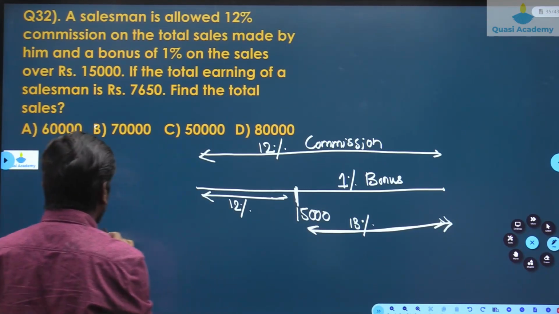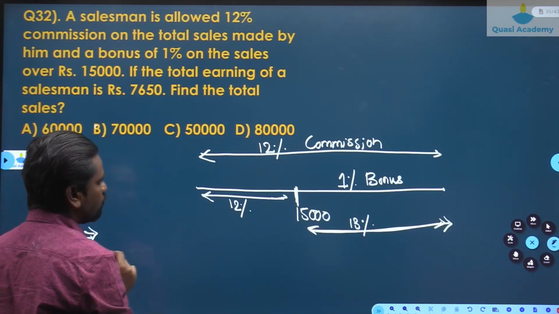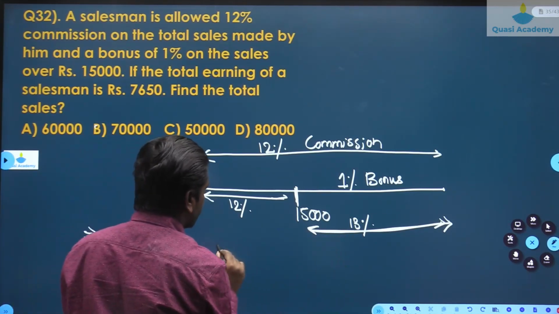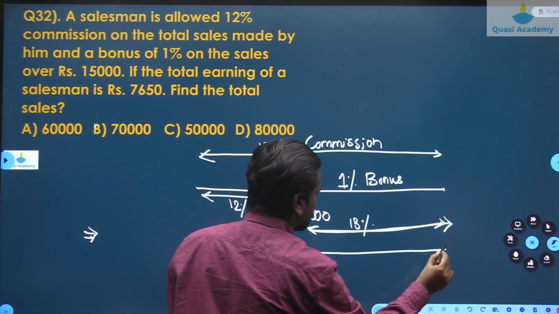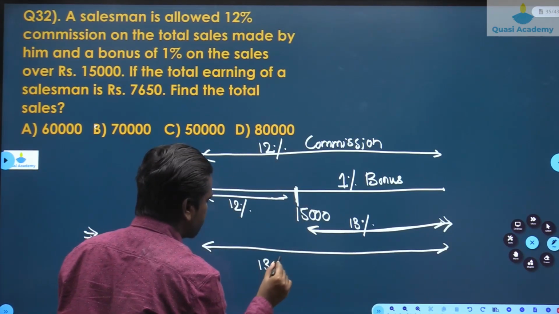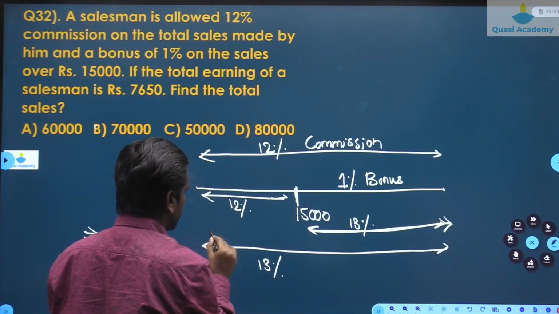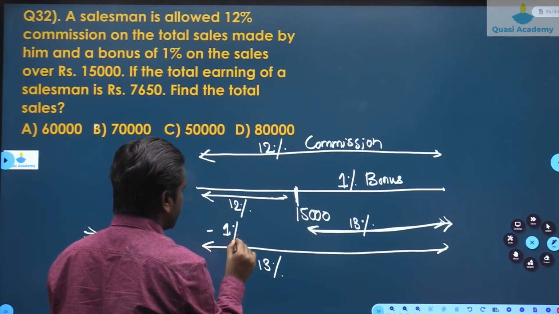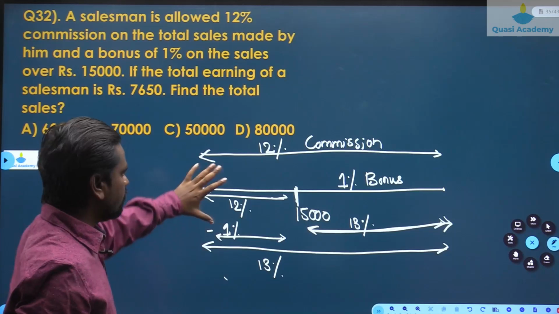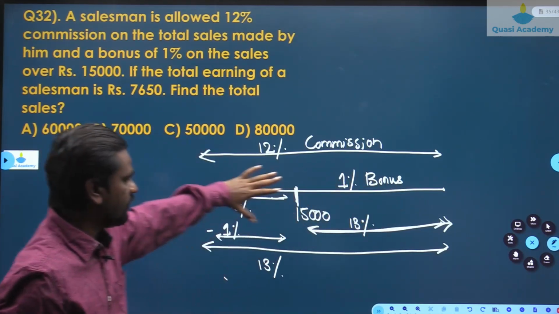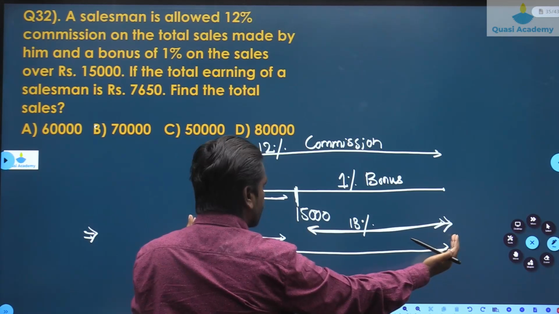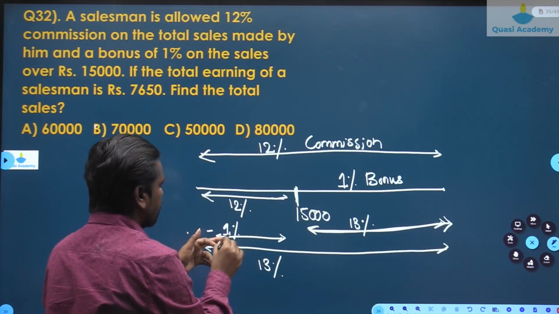So for simple calculation, can I assume 13% for the total sales minus 1% for the sales up to 15,000?